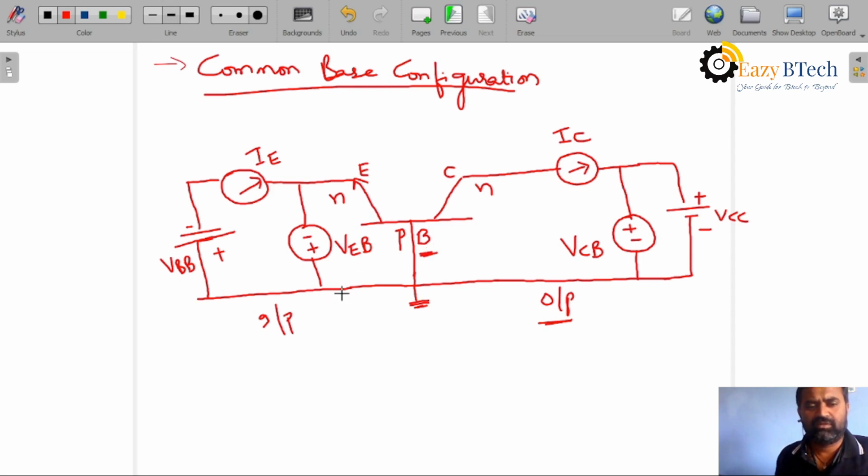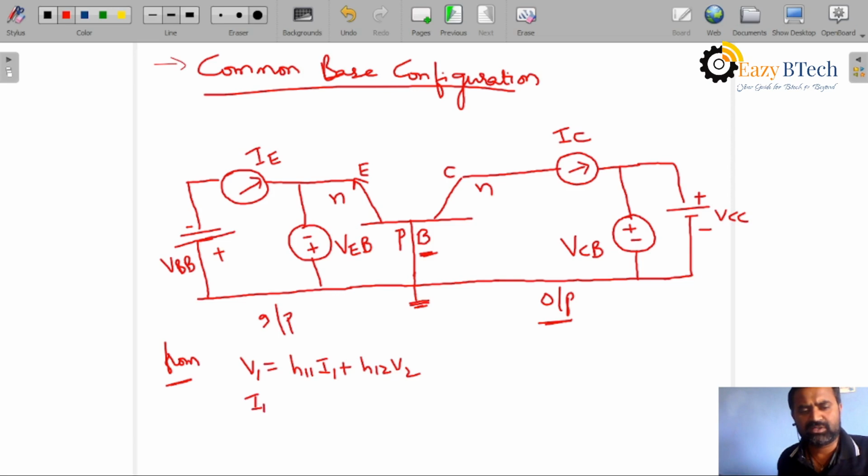Now you can see from this, if you write the two port network parameters, that is V1. What is the equation for H parameter? V1 is equal to H11 I1 plus H12 V2.